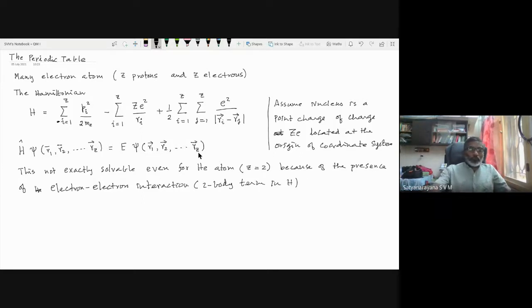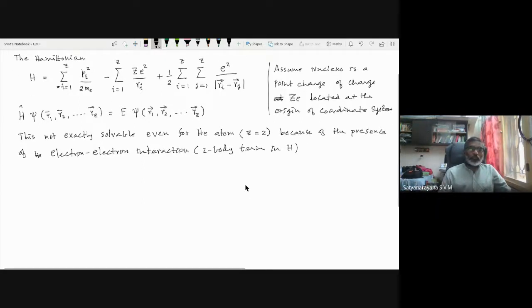Okay, so one way to look at it is, shall we get rid of this one? That means shall we neglect this electron-electron interaction? That is one option, but then to neglect that one, it should be very small compared to the other terms, right? So that is one aspect.